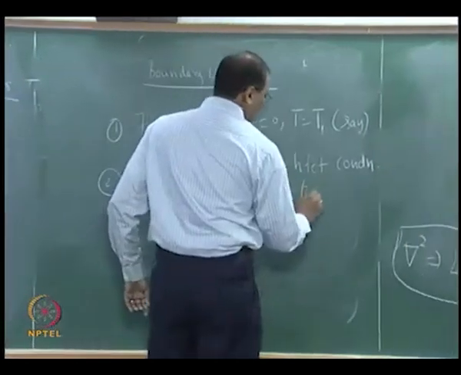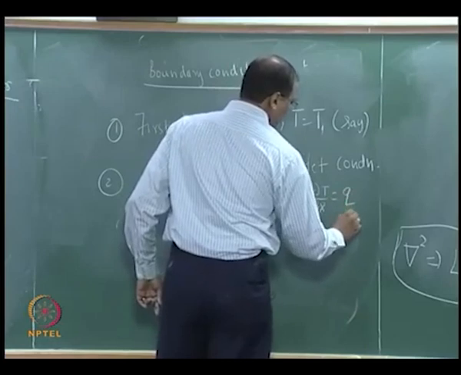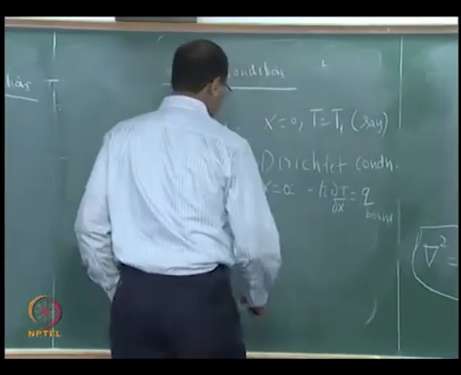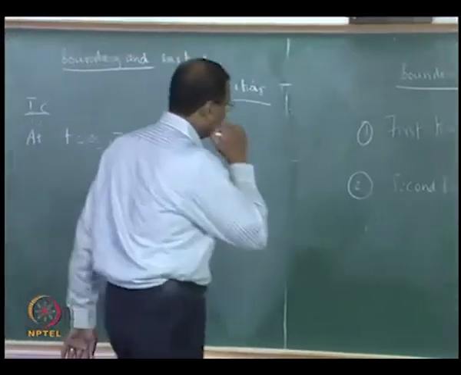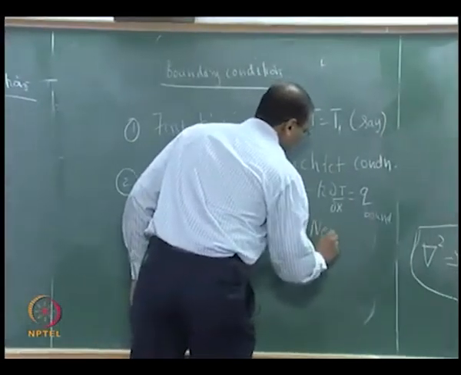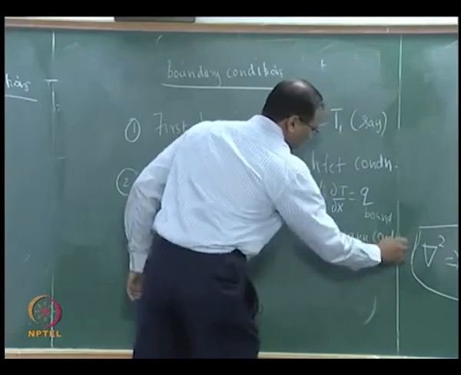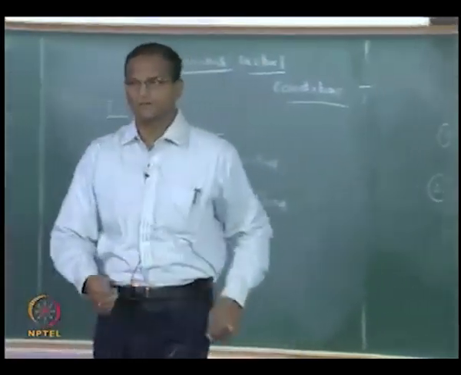We will say minus k dt by dx equal to q boundary. Okay. So, this is called the Neumann condition.